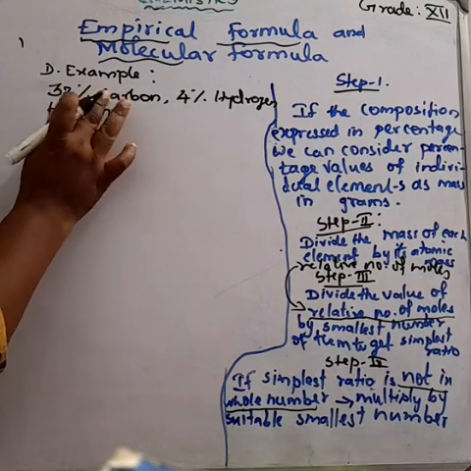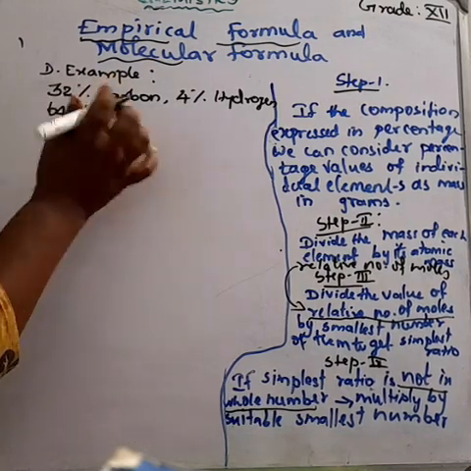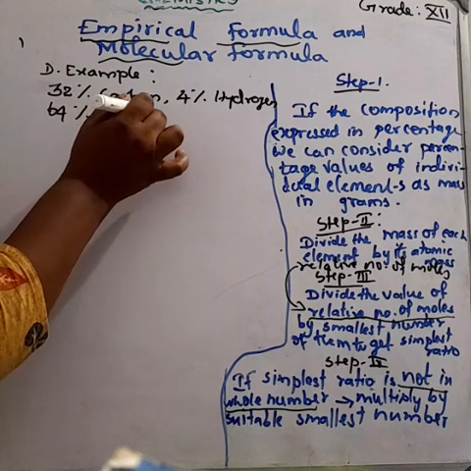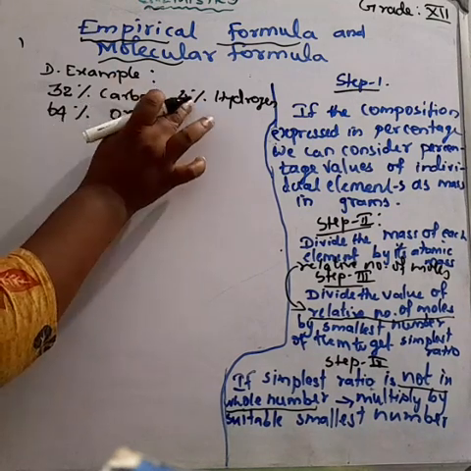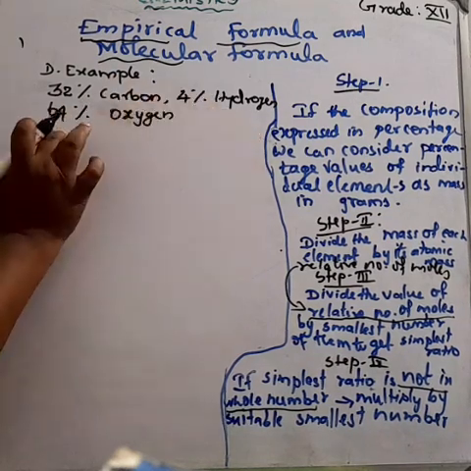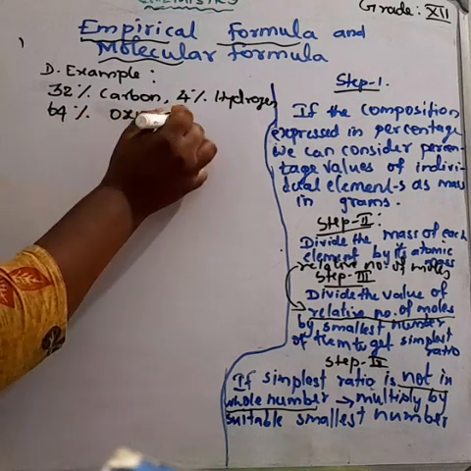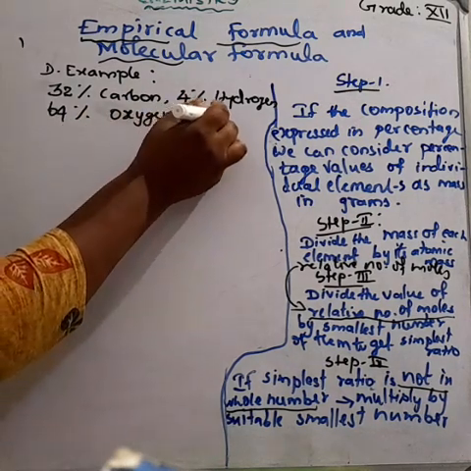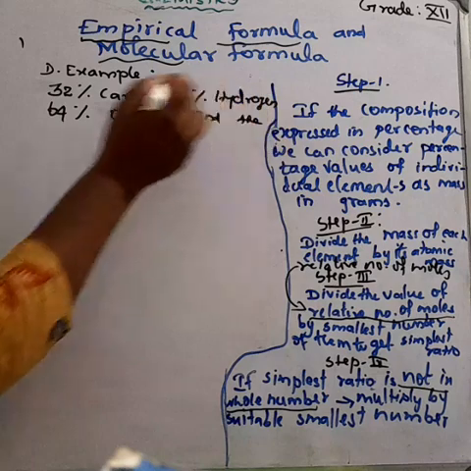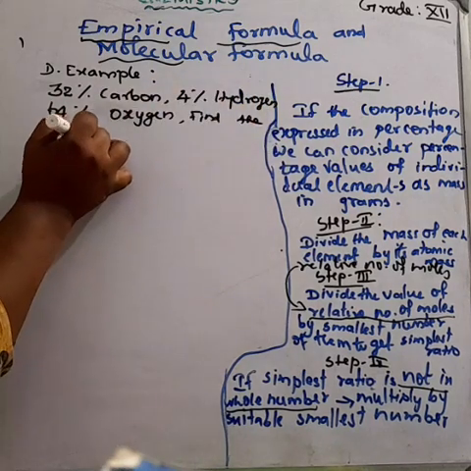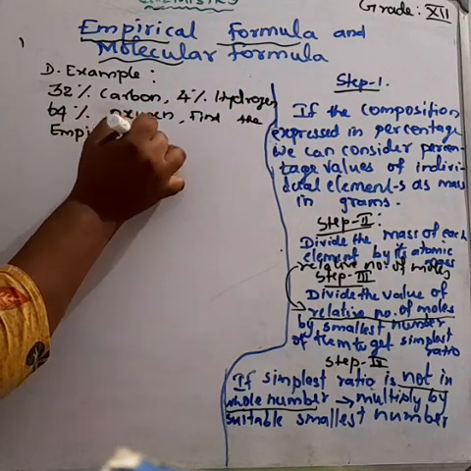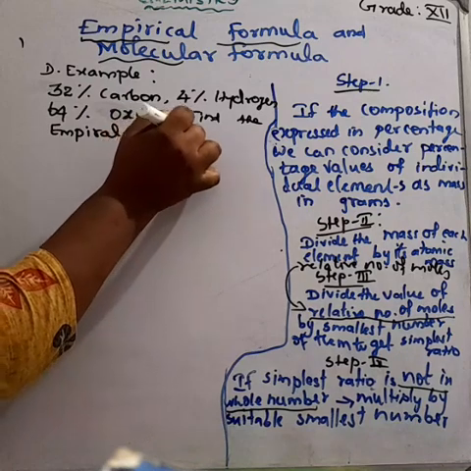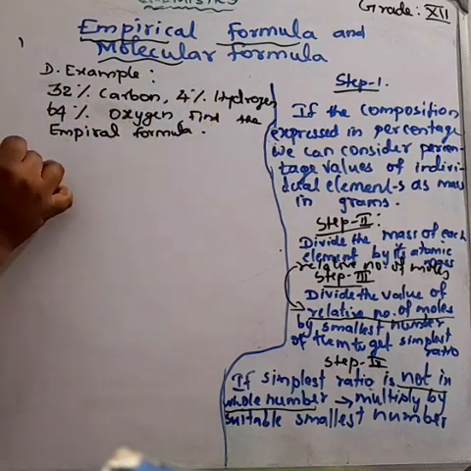Okay, first, what is example 1? 32% carbon, 4% hydrogen, 64% oxygen. Find the empirical formula. Here, what are the different atoms given? Carbon, hydrogen and oxygen.